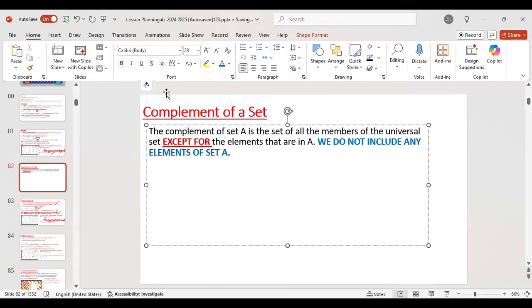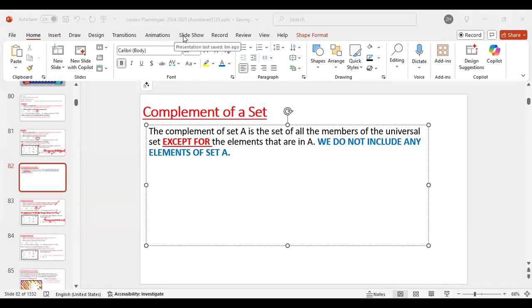All right. You all understand that so far? Let me know, please. So for the complement of set A, do we include the elements in set A? Do we include them? No, definitely not.